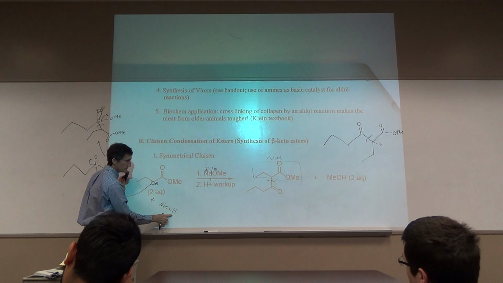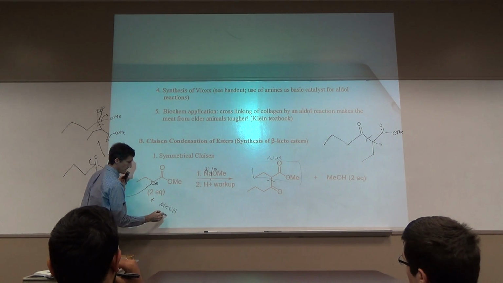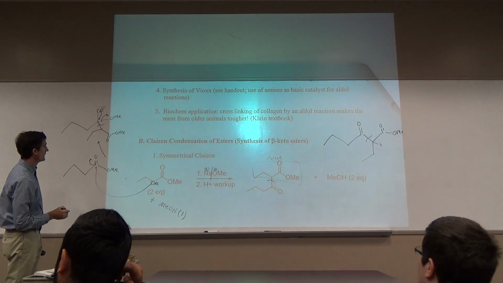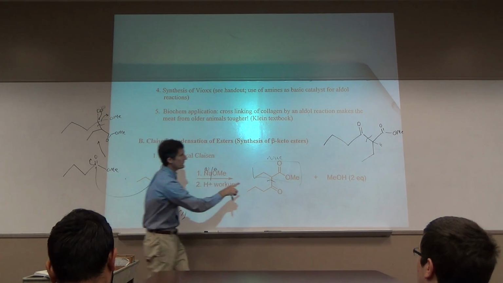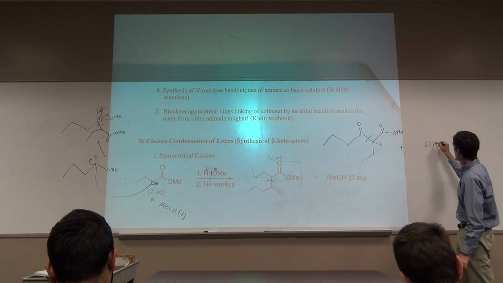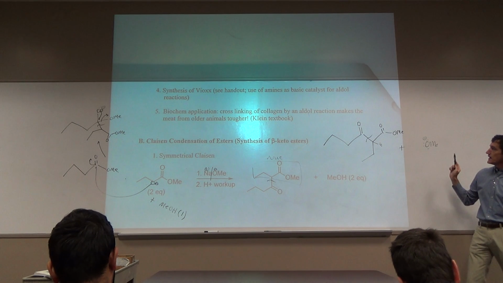That was the first methanol we made. Okay, that's number one. Where was the second methanol we made? After the OMe, when it kicks off. This OMe gets kicked off, so over here we get this plus what when that OMe gets kicked off? OMe minus.